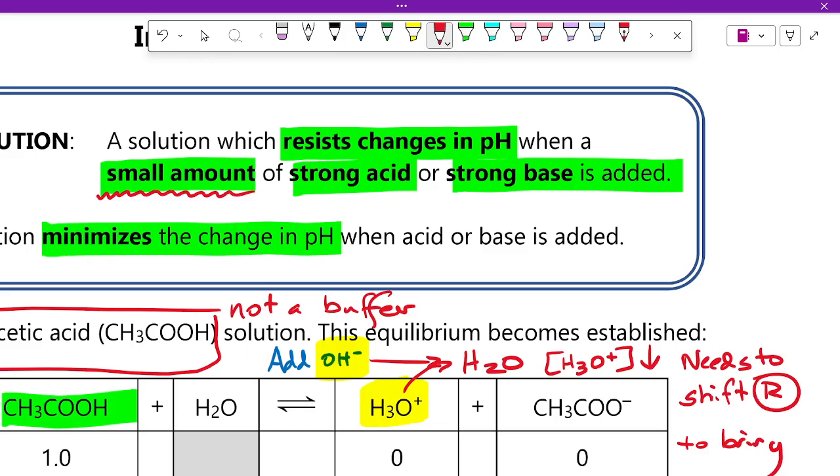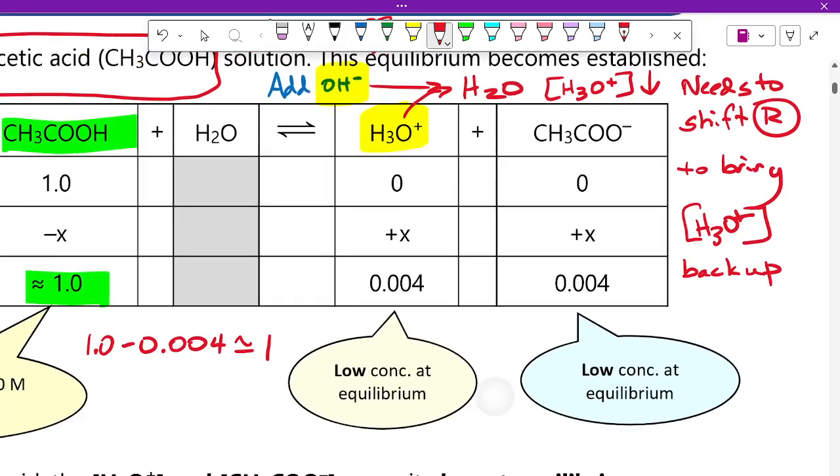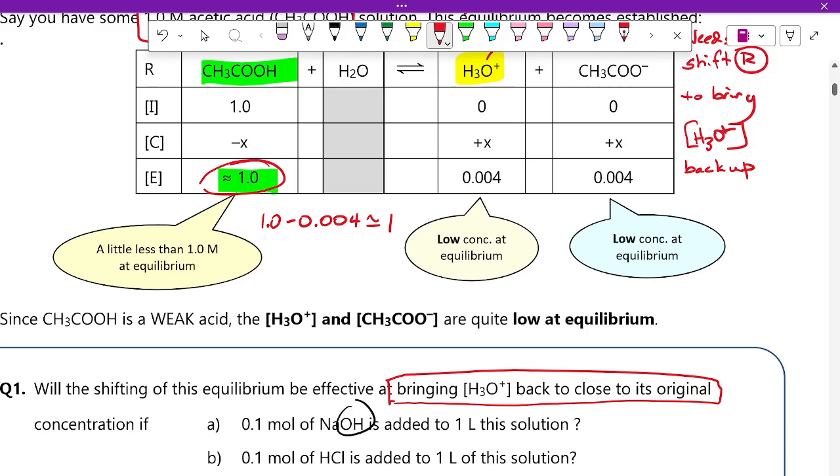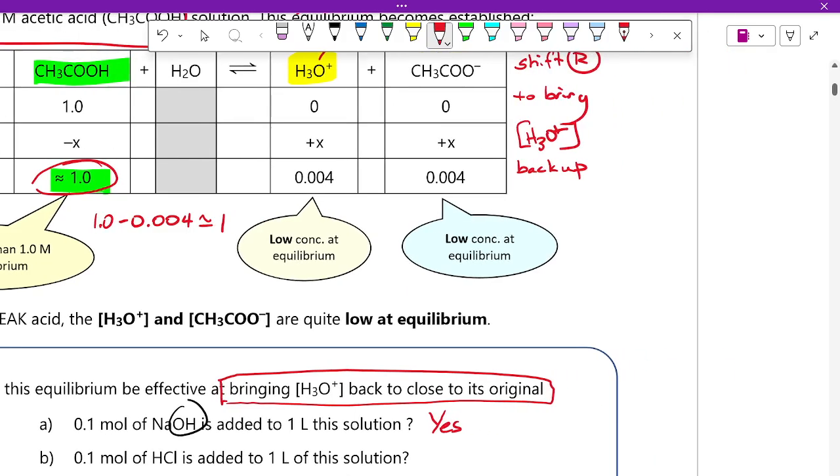We're adding a small amount. So we've added a small amount of NaOH to this solution. So do we have enough of that to shift to the right? No? Is a small amount more than 1? Oh, we have enough. Why did you shake your head then? You said no. You're confusing me, Alexander. Okay, so yes, there is enough CH3COOH to shift.